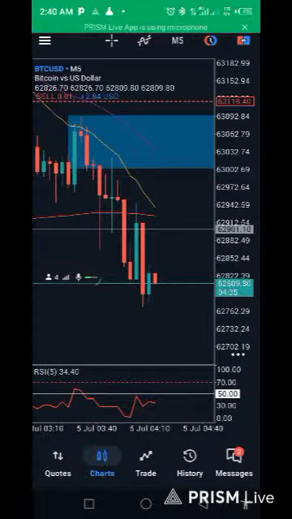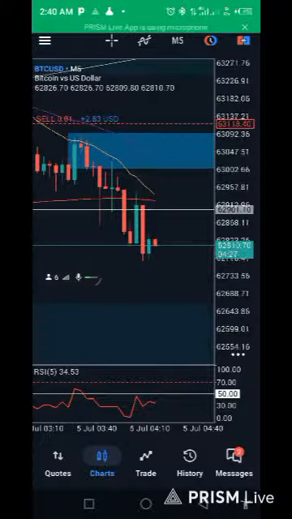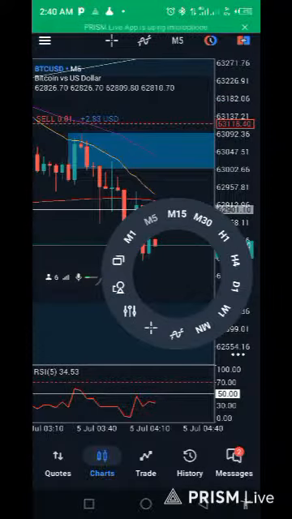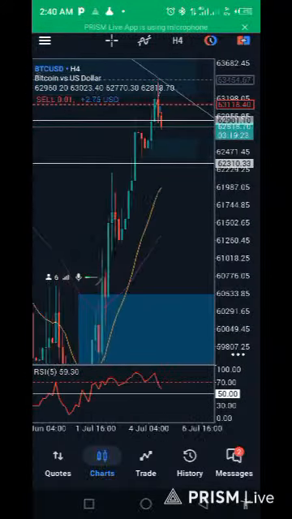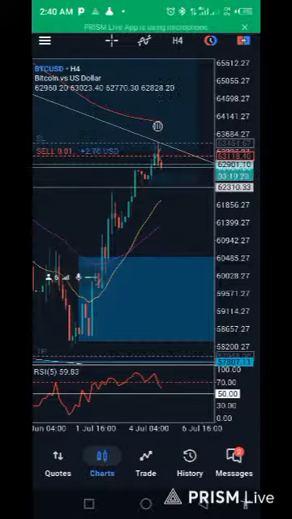Bitcoin is going down. It will go down to almost 57. Let's see it on a 4-hour time frame. You will see where it is going to come down to.